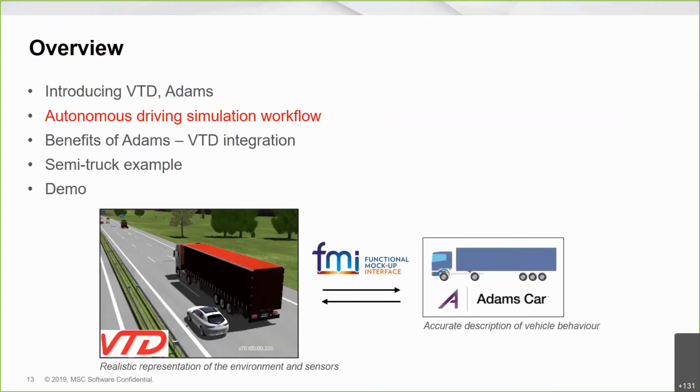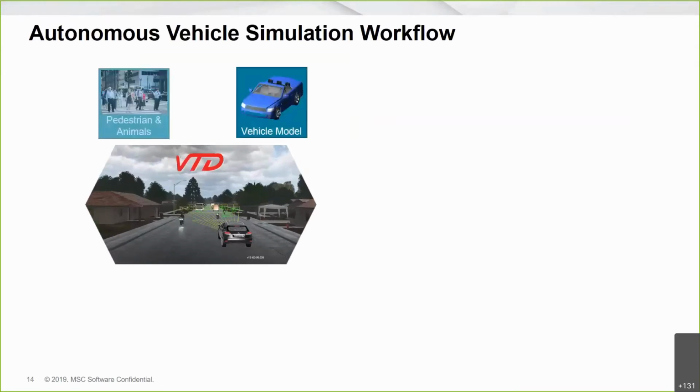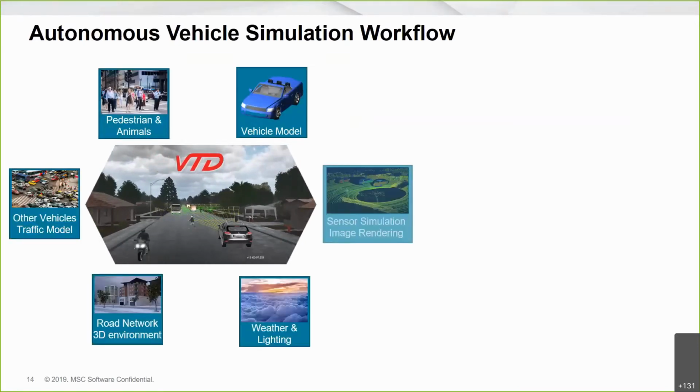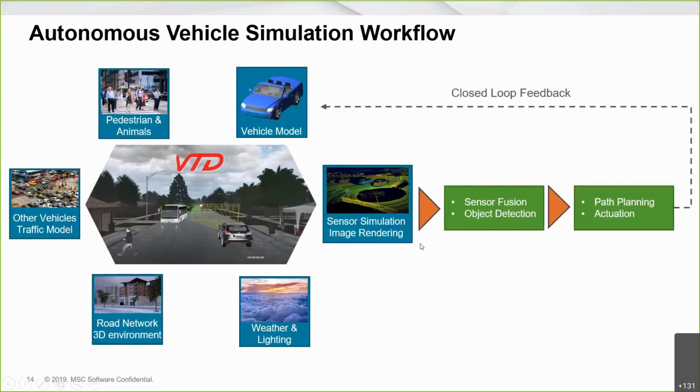Now let's take a look at the bigger picture, the workflow of autonomous driving simulation, and see what the necessary elements are in order to perform this analysis. As we can see on the left-hand side, this is what VTD provides. It's a complete open platform for you to include all those elements in this 3D environment.